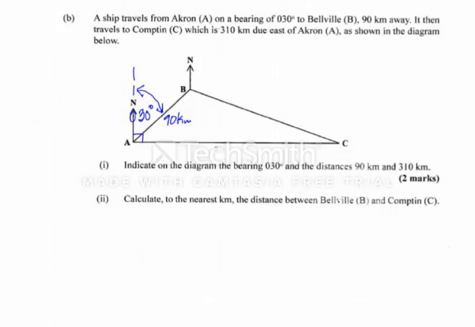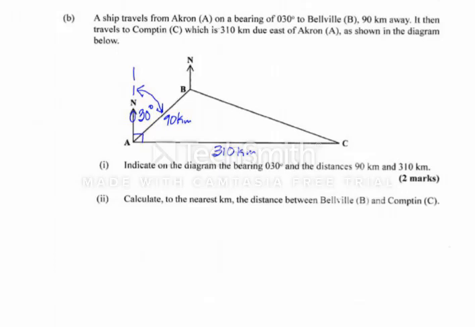So it is this length here, which is 310 kilometers. As shown in the diagram below, indicate on the diagram the bearing 030 and the distance 90 kilometers and 310 kilometers. So I've already done that.